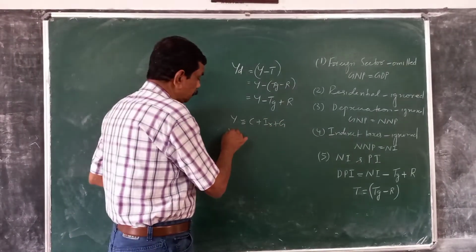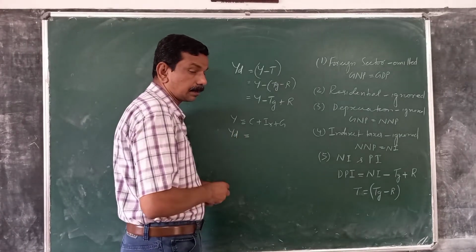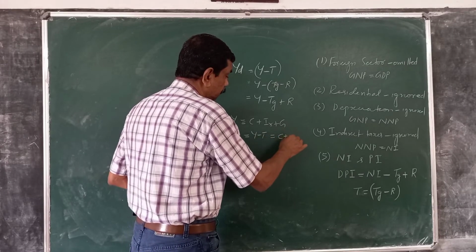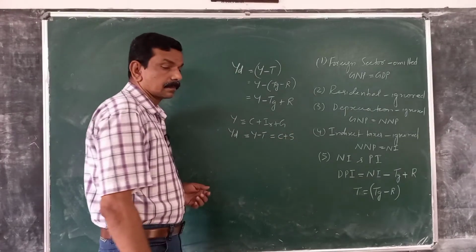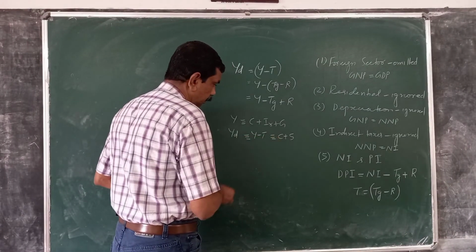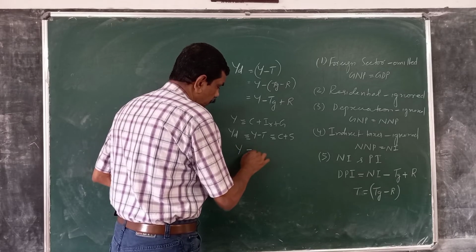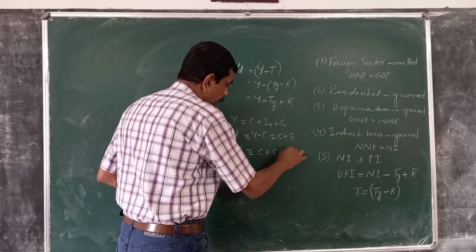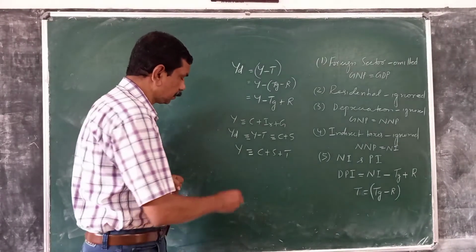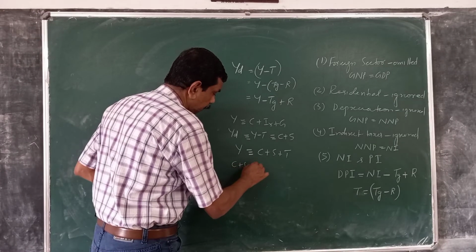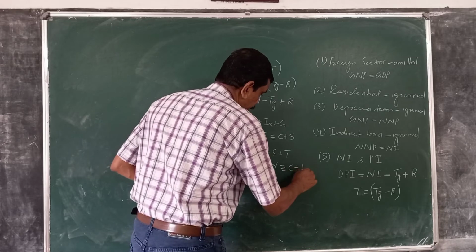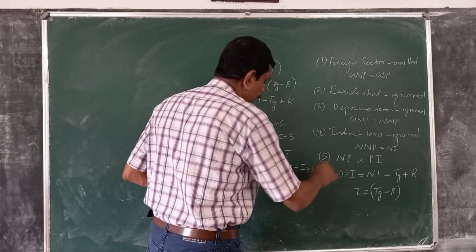From the income side, disposable income YD is equal to Y minus T, is equal to C plus S, and Y is equal to C plus S plus T. So in a three-sector economy, C plus S plus T is identically equal to Y, identically equal to C plus IR plus G.